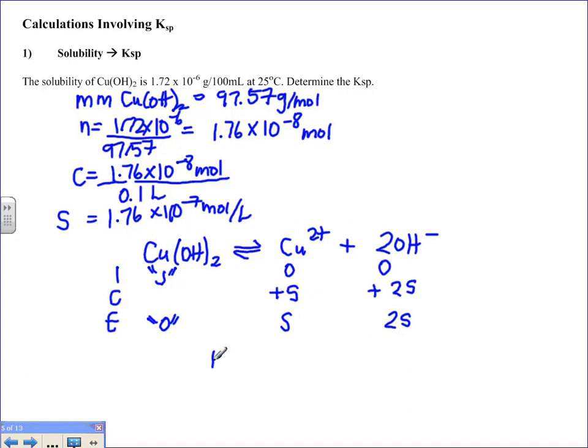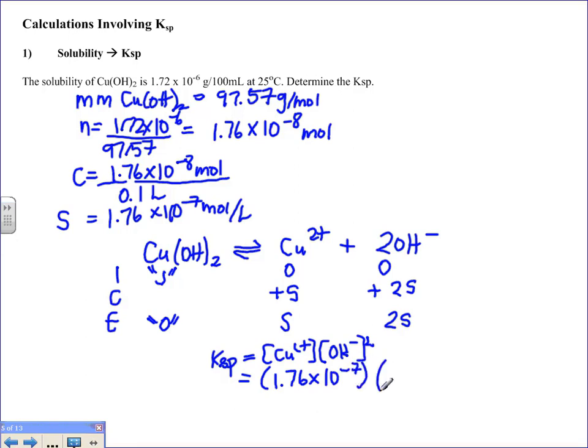So to find the Ksp, we're taking the concentration of the copper ions that we have and the concentration of the hydroxide ions that we have squared. So we know what the concentration of the copper ions is, 1.76 times 10 to the negative 7.